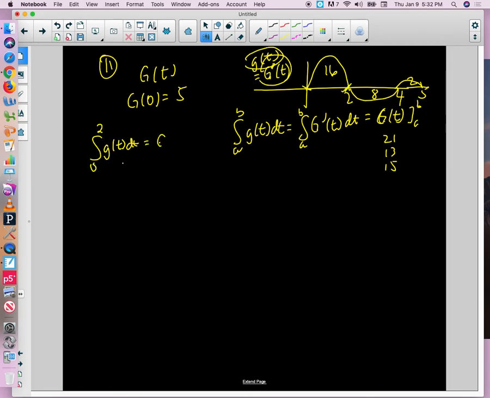That would take me back to capital G from 0 to 2. So that'll take me to G of 2 minus G of 0. All right, from 0 to 2 is 16. G of 2 we're looking for. G of 0 is 5. So G of 2 is 21. That's where we got this.